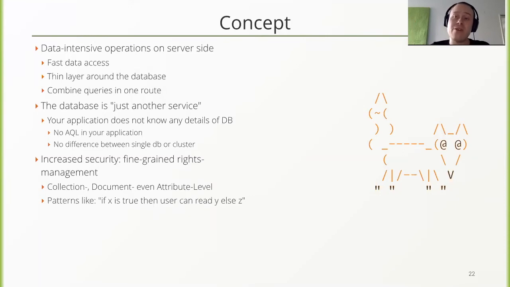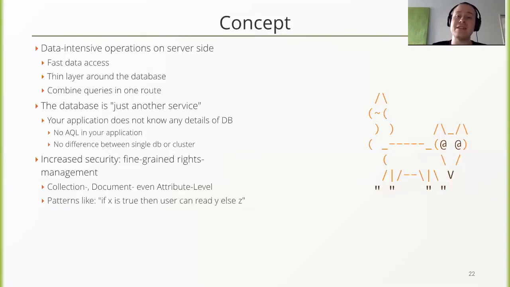And where you have very complex patterns of which user is allowed to see which information. And with Foxx, you just have a programming language, JavaScript, at hand. Just write down all the rules in code, so switch cases, for example, which are pretty easy to formulate. And then give the user access to full collections, some documents, or even just access to certain attribute levels.